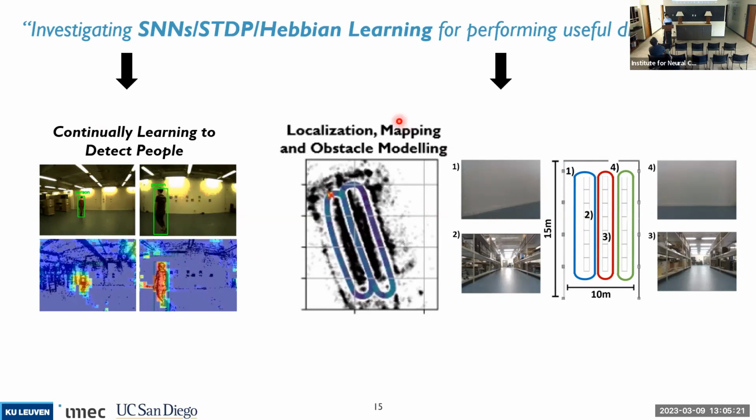And the second thing I will show you is how to perform simultaneous localization and mapping, where the drone will navigate in an indoor environment, this kind of warehouse environment, in circles like that, and the SNN SCDP based algorithm will then need to reconstruct the map of that environment as well as locate the drone in that environment.